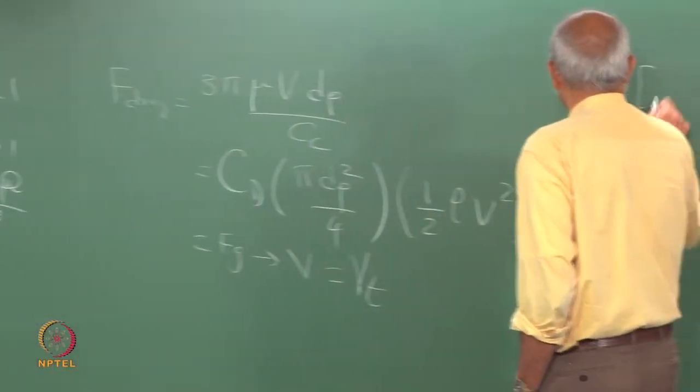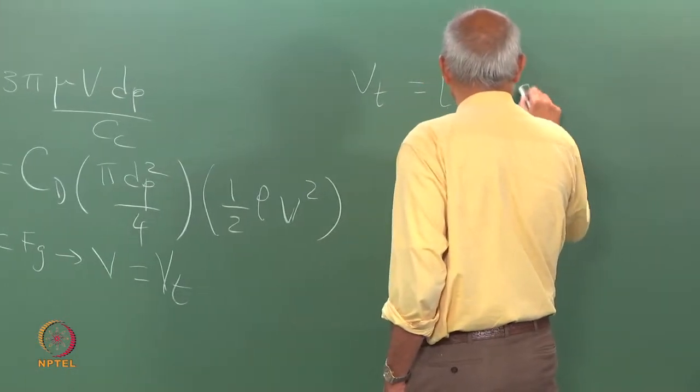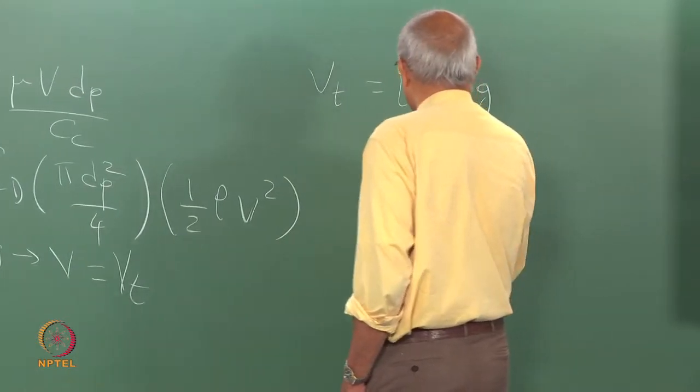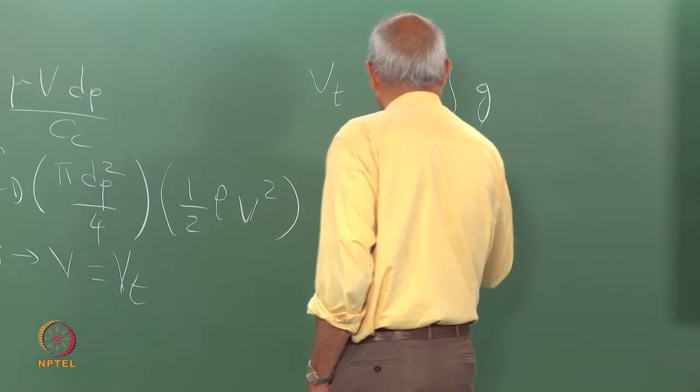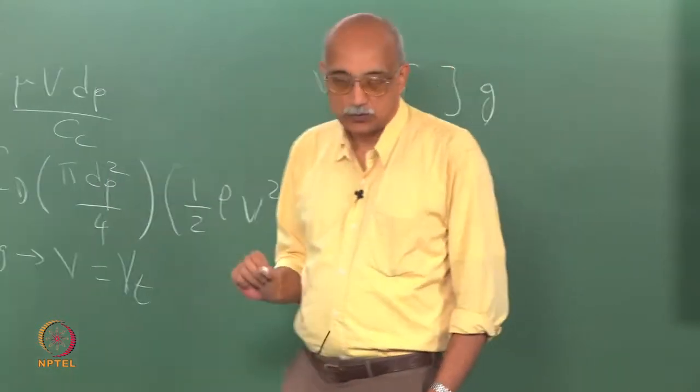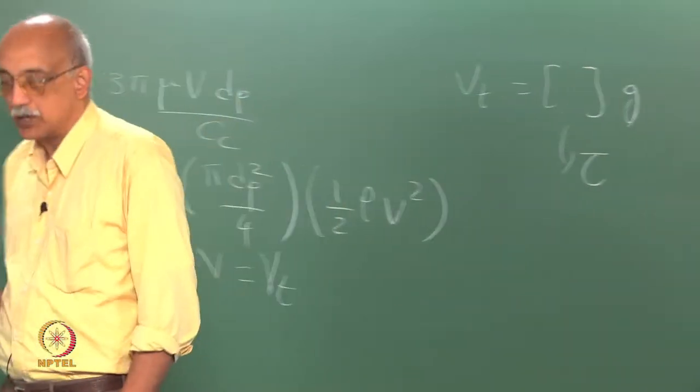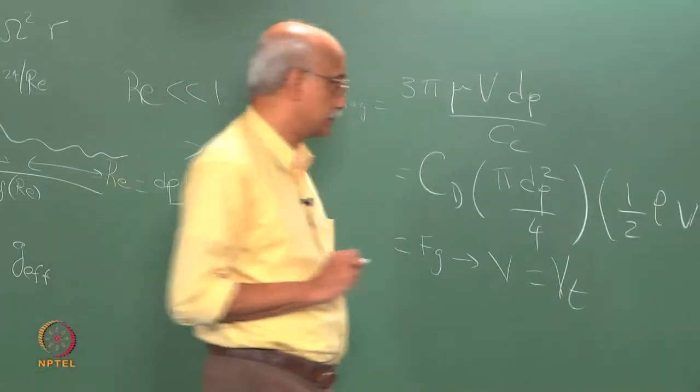Okay, so, when you go through this math, you will come up with an expression where this Vt is a parameter multiplied by g, and this parameter is something that we call tau, which represents the particle relaxation time.